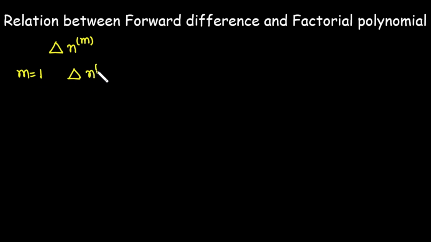Delta n raised to power 1. This means this is a factorial polynomial with the degree 1, that is delta n. Now, when you are writing forward difference of n, means we need to take one step ahead, that is n plus 1 minus current position, that is n. This is equal to 1.